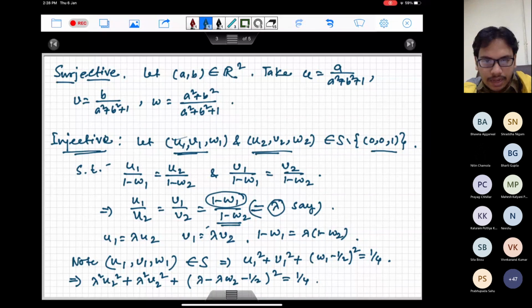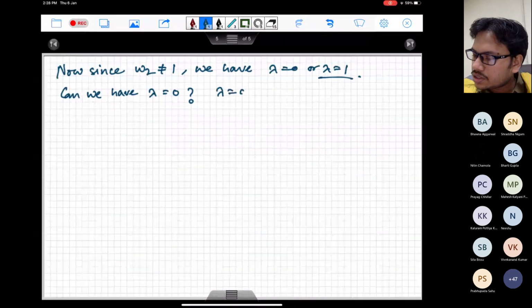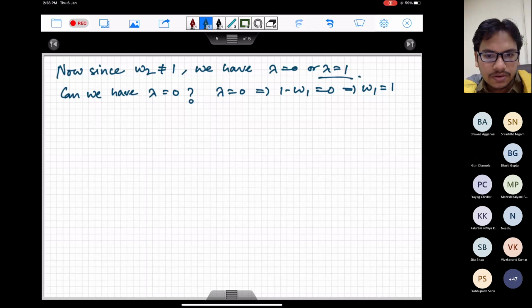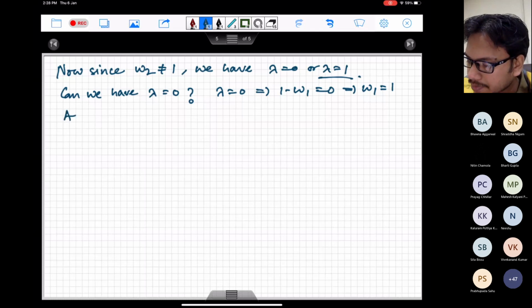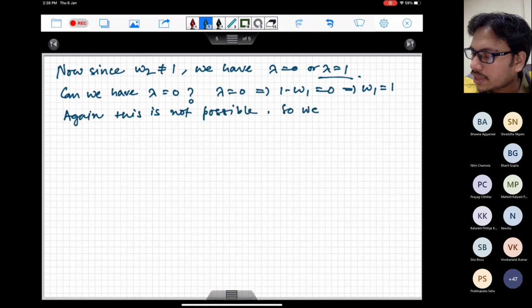Clear? Now can we have this? So lambda equal to 0 implies 1 minus w1 is equal to 0, which implies w1 is equal to 1. But again, that is not possible, correct? So we have lambda not equal to 0.